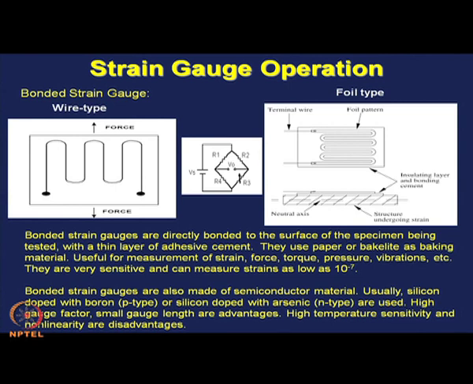They use paper or bakelite as backing material. The bonded strain gauges are useful for measurement of strain, force, torque, pressure, vibrations, etc. They are very sensitive and can measure strains as low as 10 to the power minus 7.